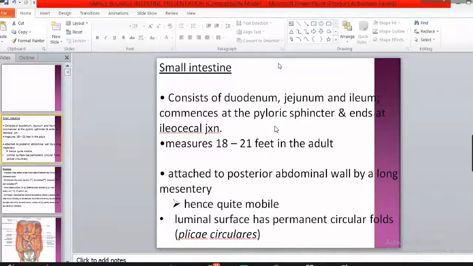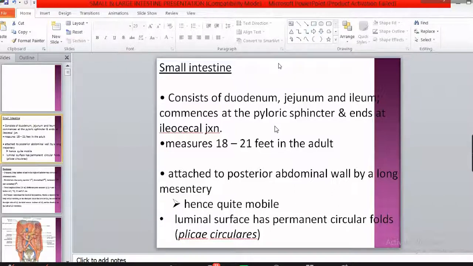So you find that the small intestine will consist of that portion of the foregut and then mainly midgut. We talked about the rotations and the malrotations, if you remember: Meckel's diverticulum, the physiological hernia, then omphalocele and gastroschisis.